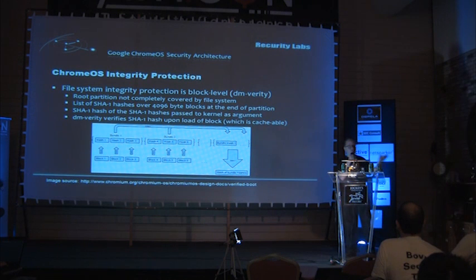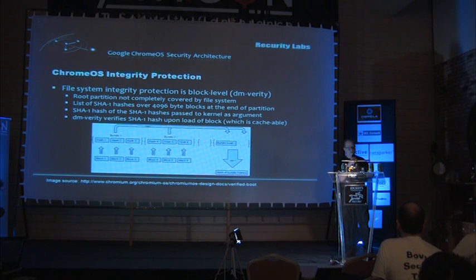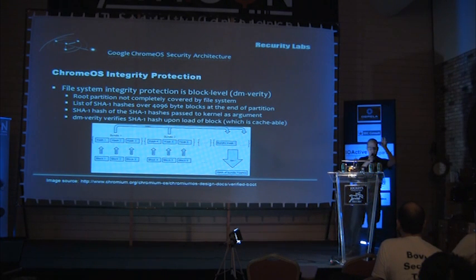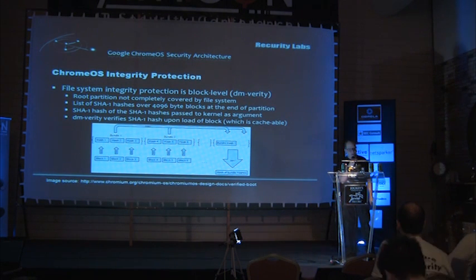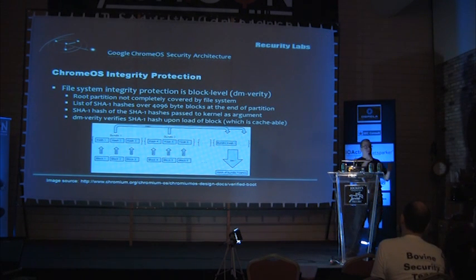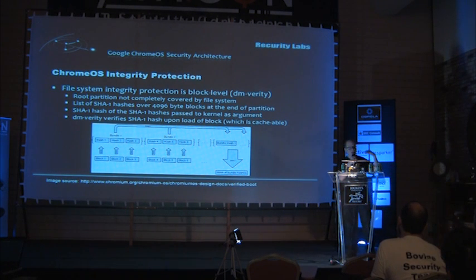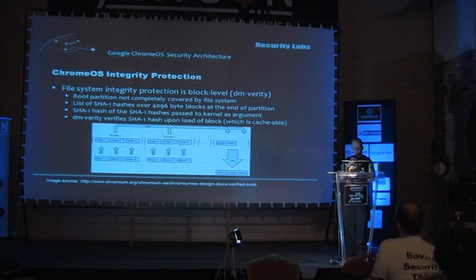So essentially every time you read a block from the partition, it will have this verified list of hashes, and it will check the hash of this block, and if it matches, fine. If not, you get a little sign that says, please connect me to the internet, and I want to reinstall myself. This is actually extremely smart because caching kicks in on a layer above that, so you're not verifying a block twice in most cases. And this brings your boot up time, for example, down to less than 10 seconds and makes it really, really portable.